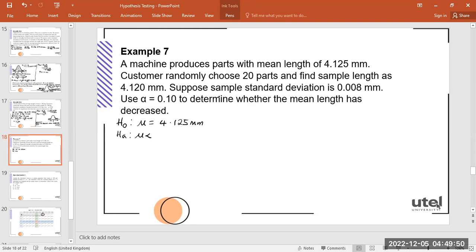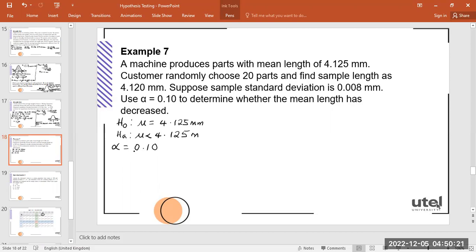And when it was sampled, it was 4.120. You can see that this is less than this. So mathematically speaking, the alternative hypothesis HA is such that mu is less than 4.125 millimeter. And we're told that our alpha is equal to 0.10.